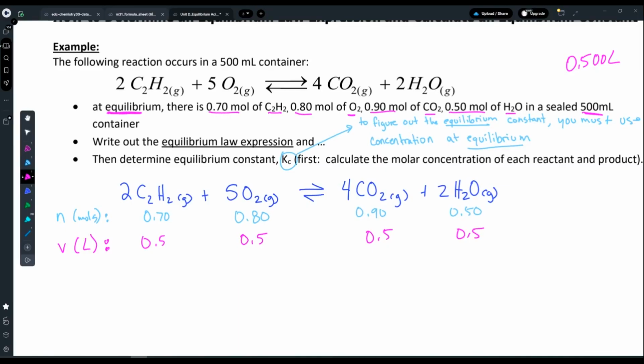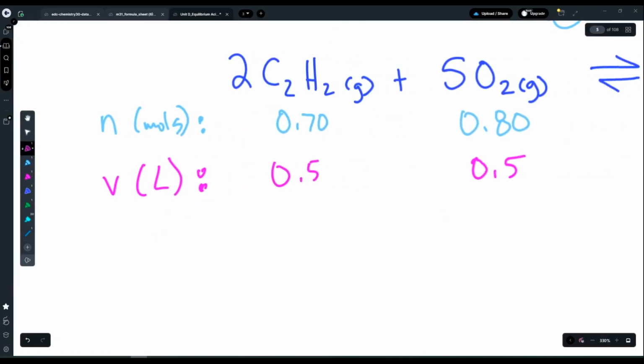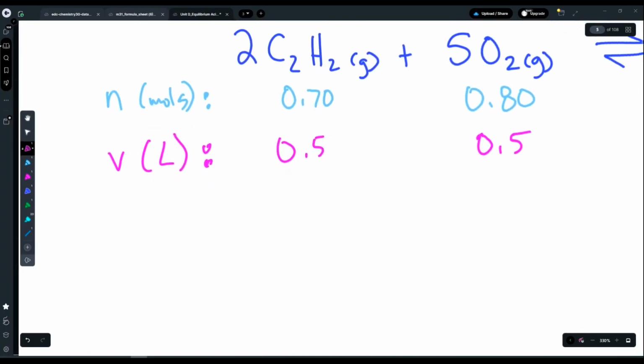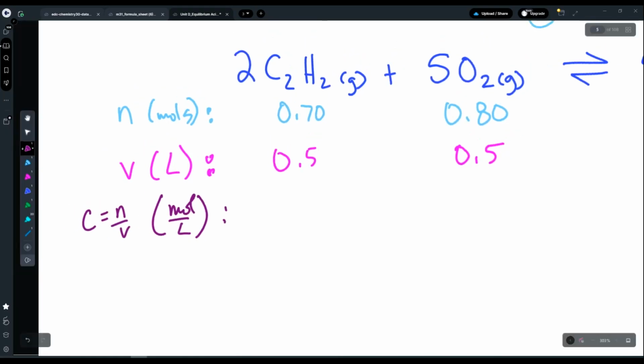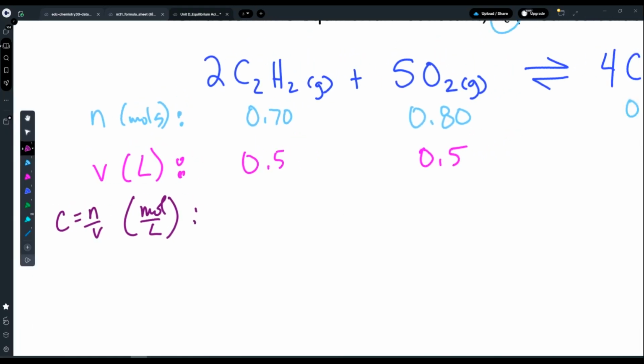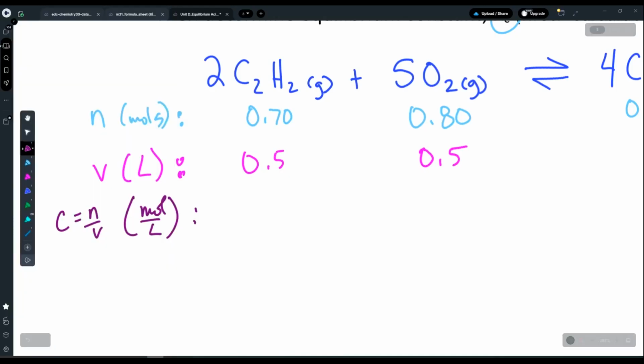So remember that we want to use concentration, and concentration is equal to moles divided by volume. So our units are going to be moles per liter. I'm going to take 0.7 and divide it by 0.5. So I get 1.4 moles per liter.